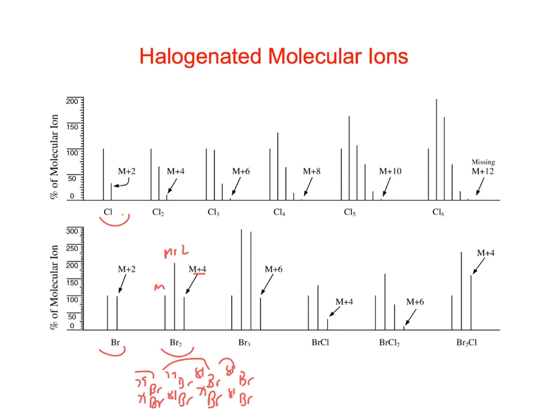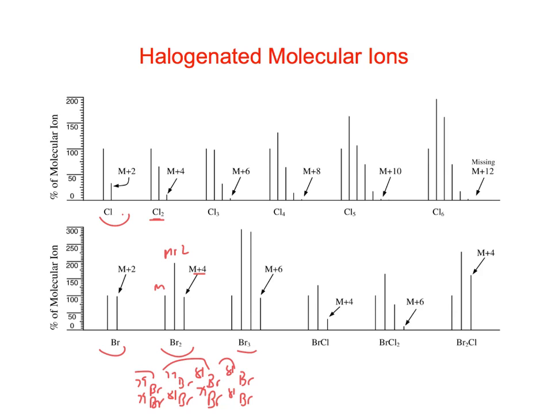Up here is what we would see if we had 2 chlorines, so the pattern gets more complicated. And as we go farther down, with bromine 3, they have all of these different patterns. I may have some links on our Canvas page to programs where you can put in a molecular formula and it'll calculate what the isotope pattern would look like.